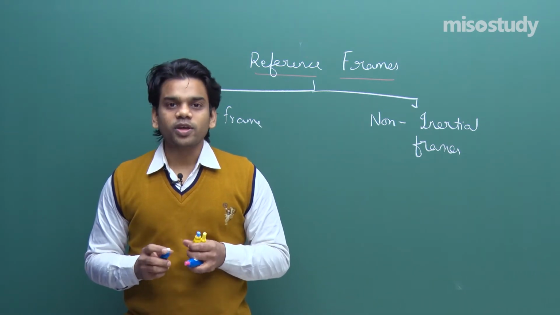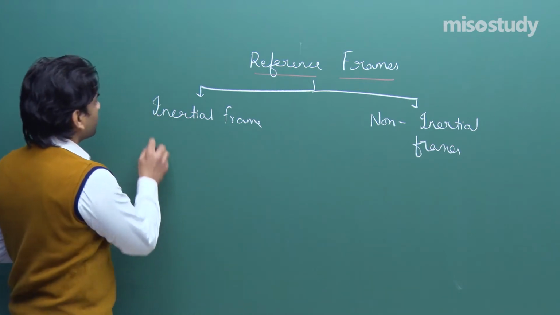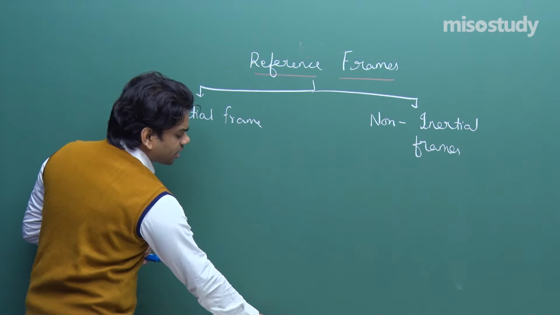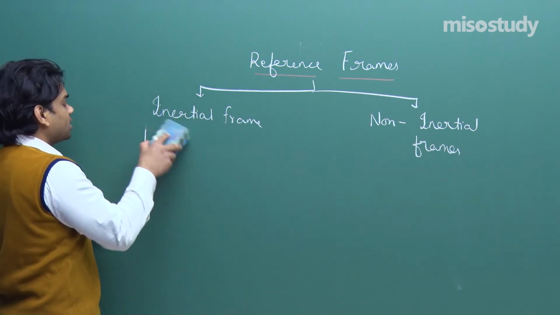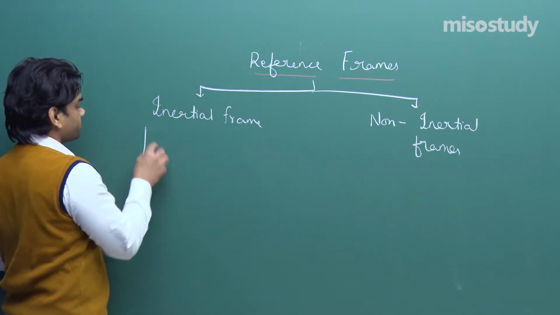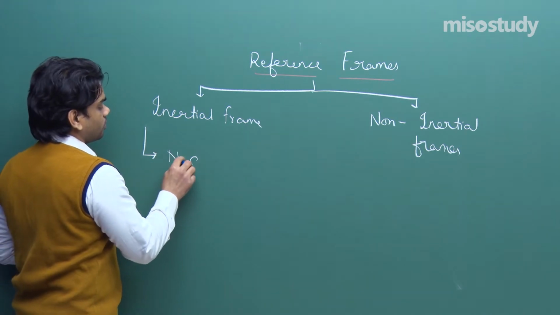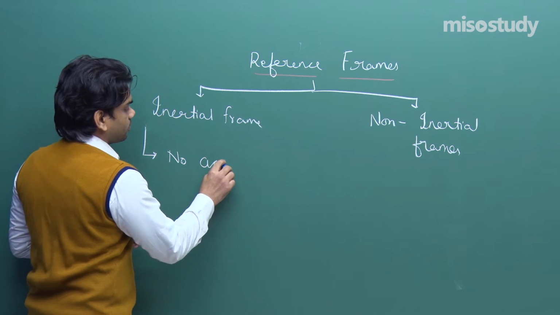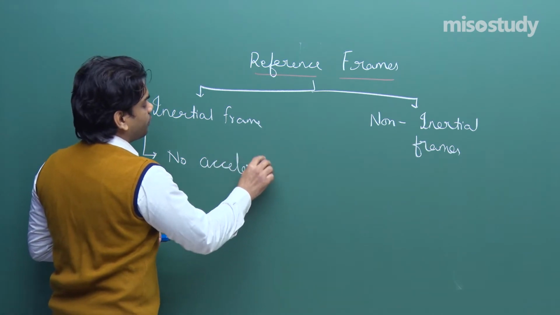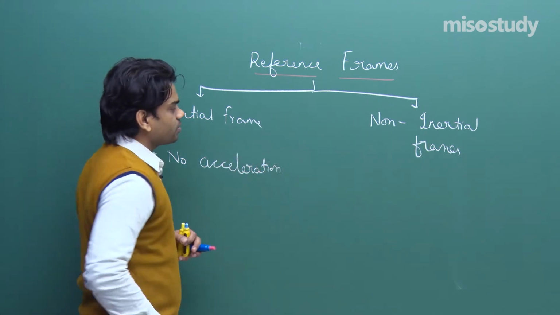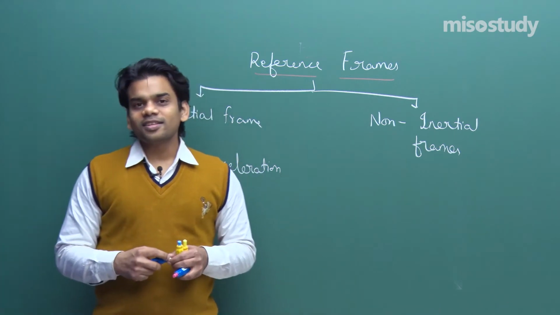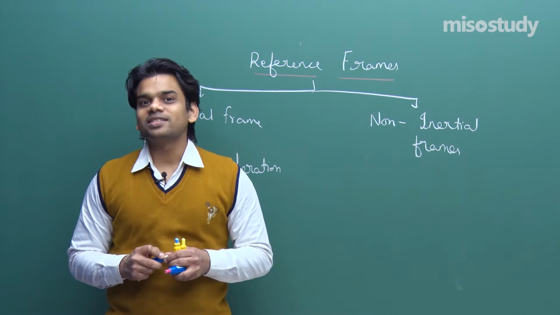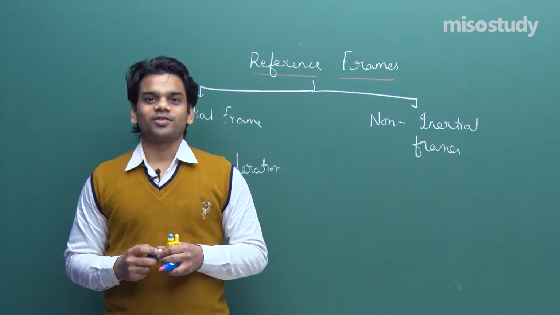We consider that it has no acceleration. Which kind of frames can you think of as inertial reference frames? Either the frame is at rest or the frame is moving with a fixed speed. Such a reference frame will be an inertial reference frame.